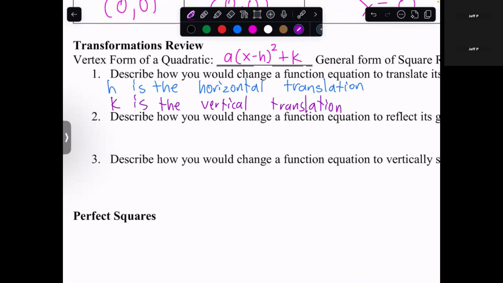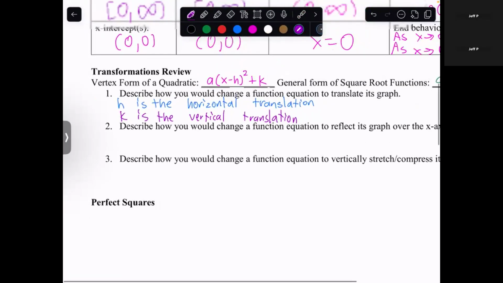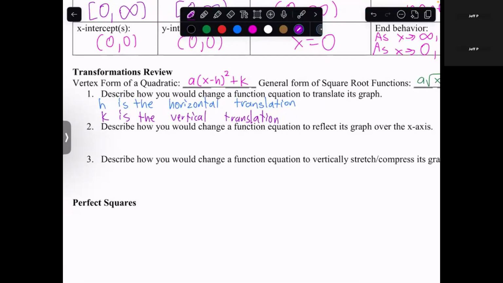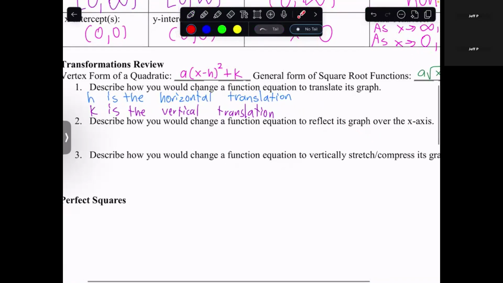If k is positive, you translate up. If k is negative, you translate down. Okay, in order to make the graph reflect over the x-axis, that happens when a is negative.